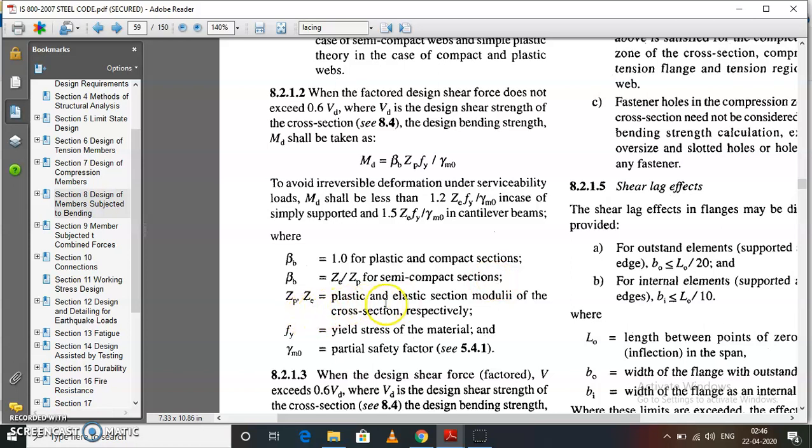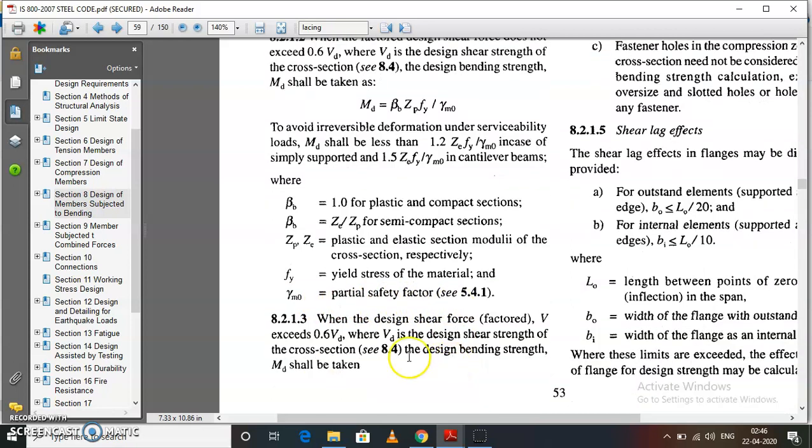ZP and ZE are the plastic and elastic section moduli of the cross section respectively, Fy is the yield stress of the material, and gamma M naught is the partial safety factor.